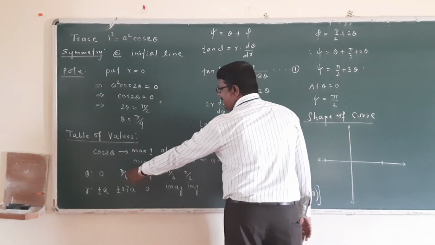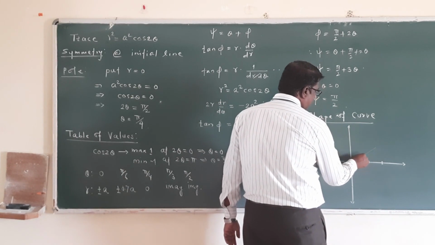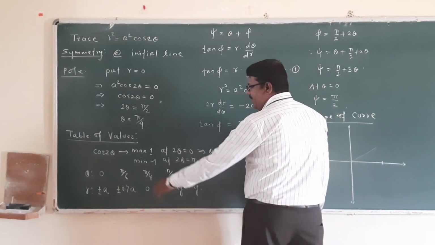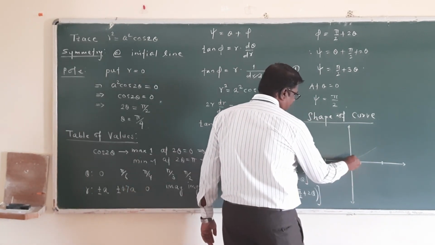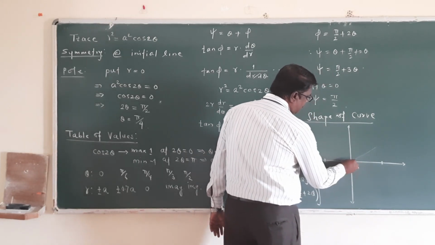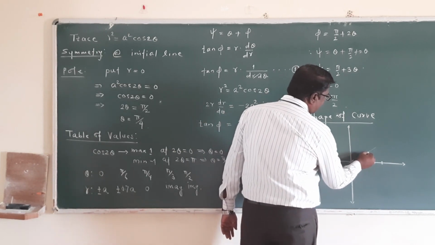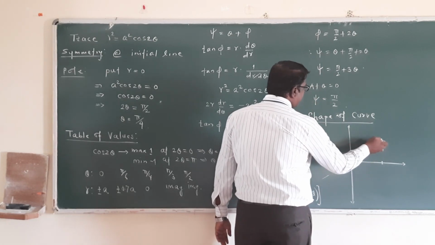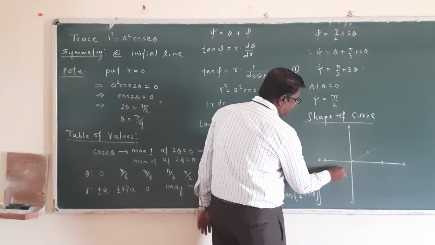Next, when theta is pi by 6, it is 30 degree. So when theta is pi by 6, the value of r is plus or minus 0.78. Now plus or minus 0.78, what does it mean? When theta is pi by 6, r is 0.78, so it is here. And when theta is pi by 6, r is minus 0.78, so it is here.